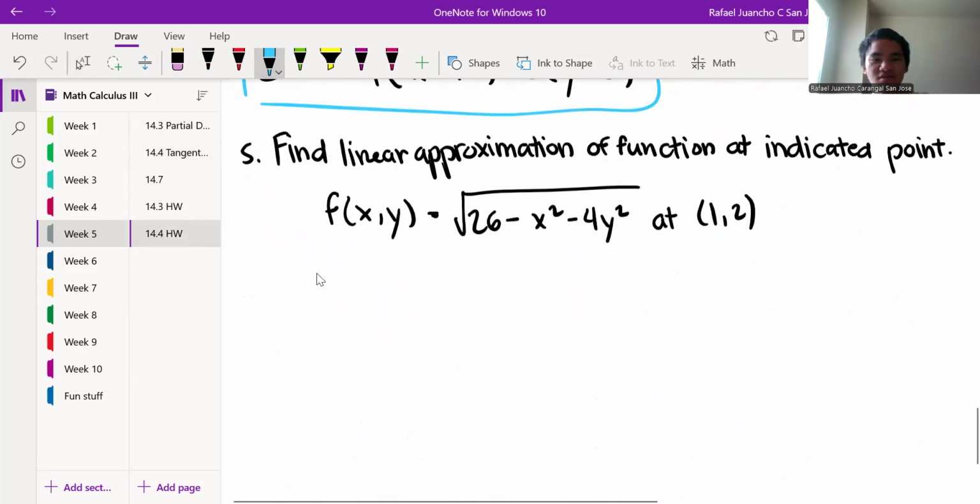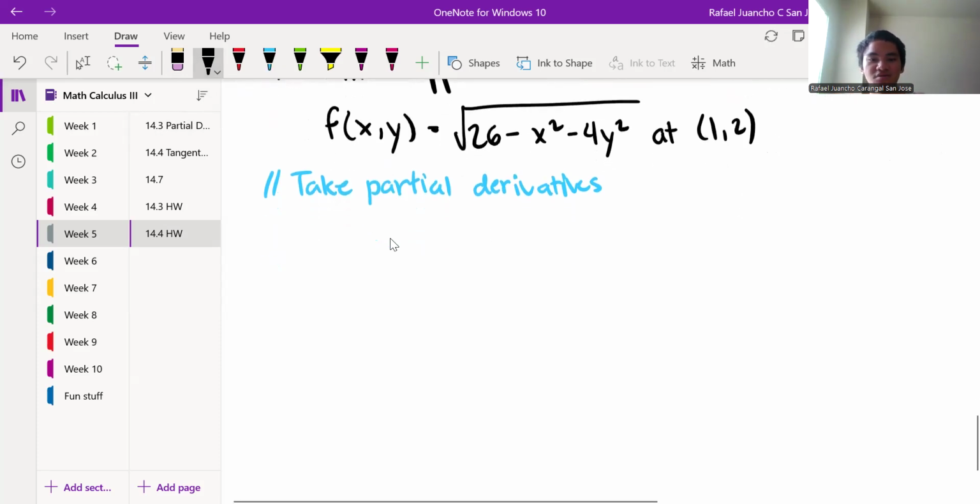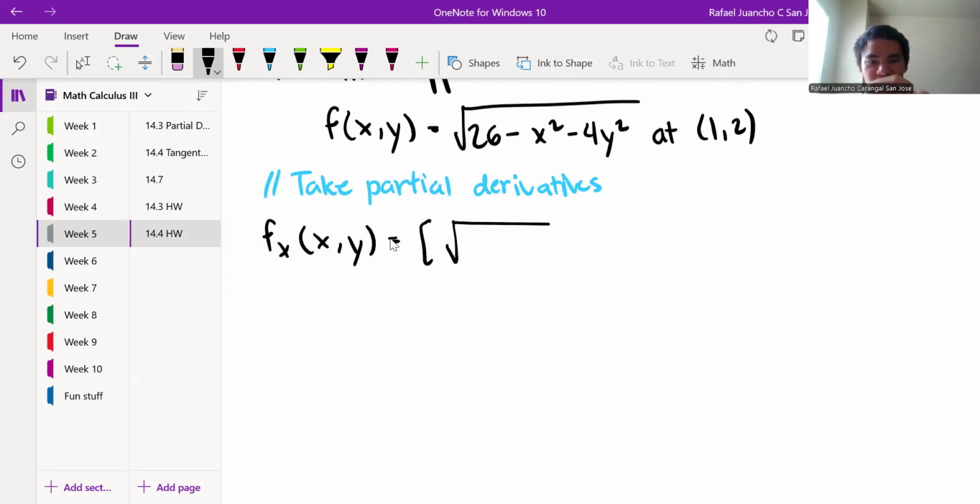Okay, so first we take partial derivatives. We actually have to do 4 things here. With respect to x, with respect to y, then plug in for x and y. So my f sub x. So we take the derivative of this thing.